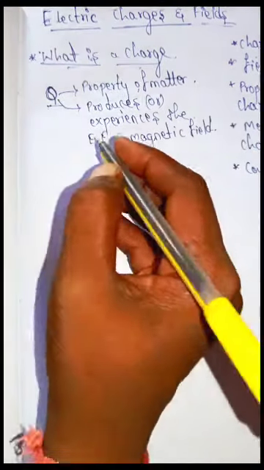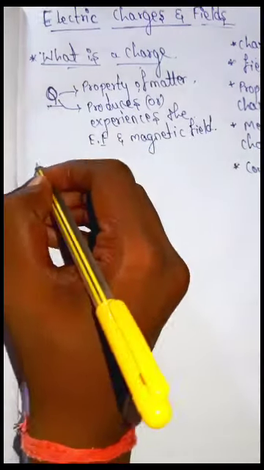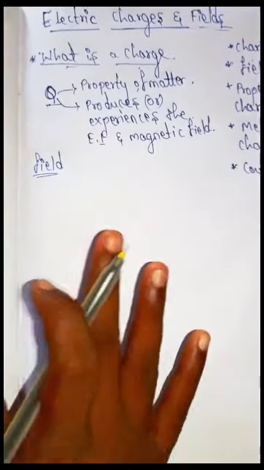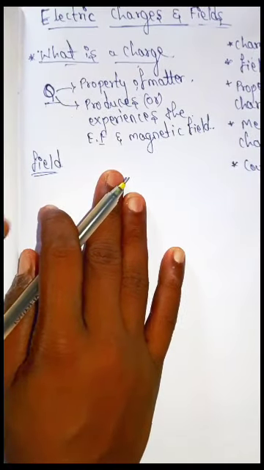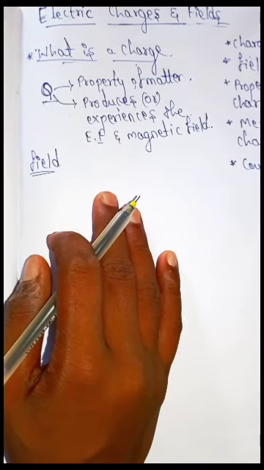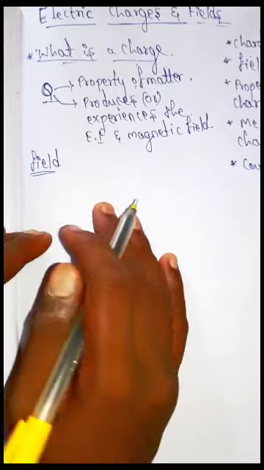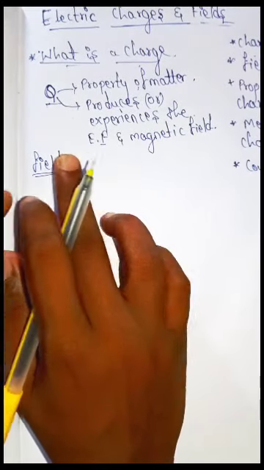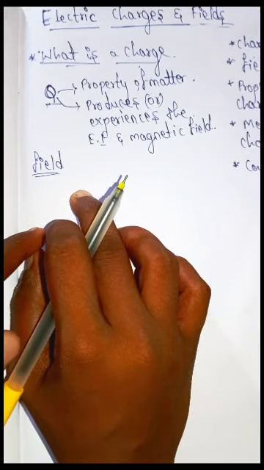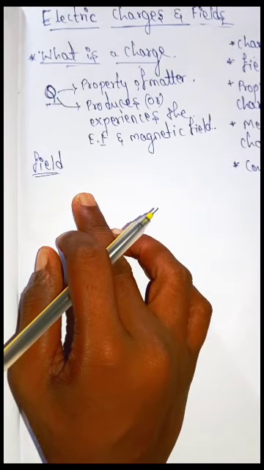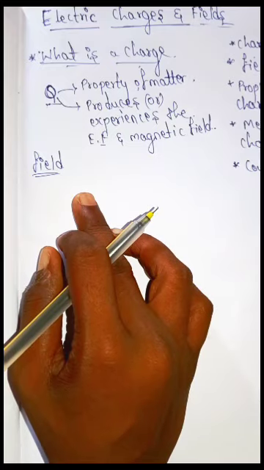Then, what do you mean by field? In general words, a field is a space. It is a space under the control, or we can say it experiences the space around the charge or a magnet.